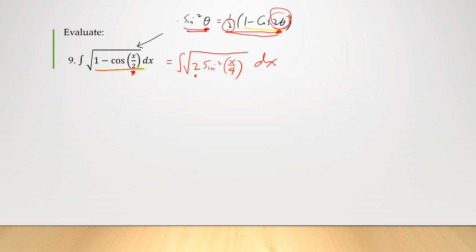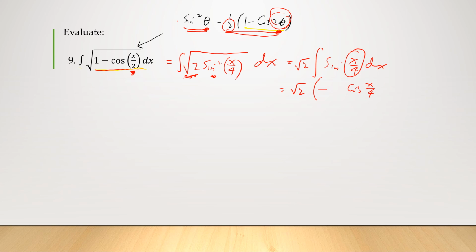And then dx. So we now have square root of 2 times the integral of the square root of sine squared, which is sine x over 4 dx. So we evaluate the integral of sine, which we know is negative cosine of x over 4.